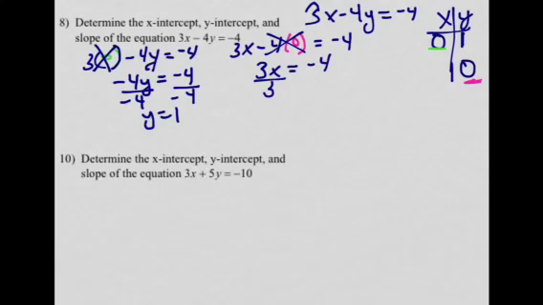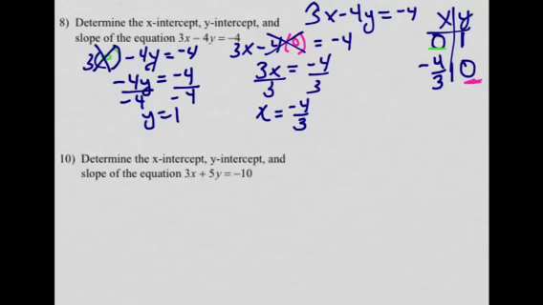So now we divide both sides by 3, and x equals a negative 4/3. So I'm going to go ahead and write that in there. X equals a negative 4/3. So now I have my y-intercept, my x-intercept, I need my slope.